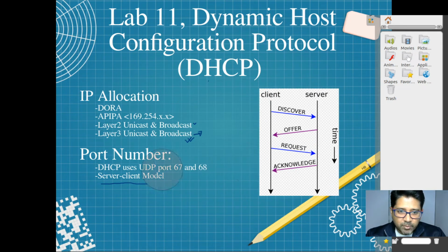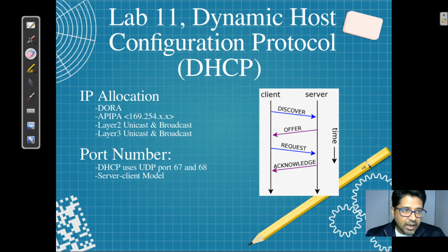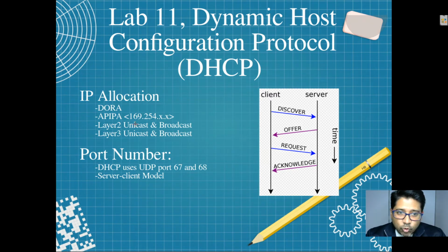We have to remember the key points we're going to understand in this class. What is layer 2 unicast? What do we mean by layer 2 broadcast? Layer 3 unicast, layer 3 broadcast, and APIPA. And the process of the discovery packet: discovery, offer, request, acknowledge.